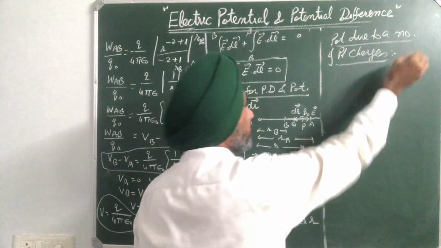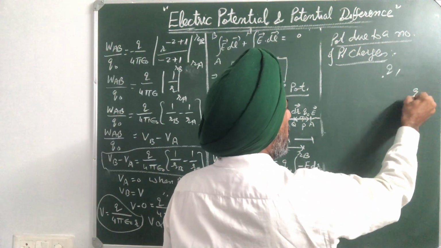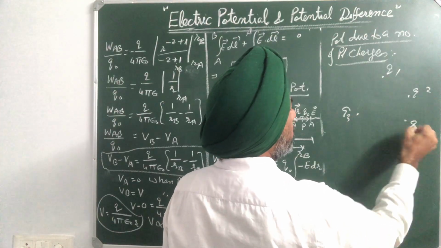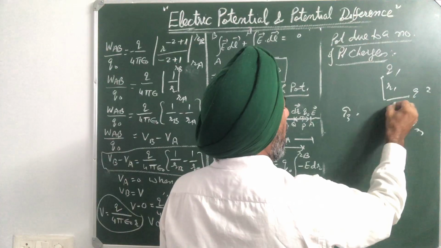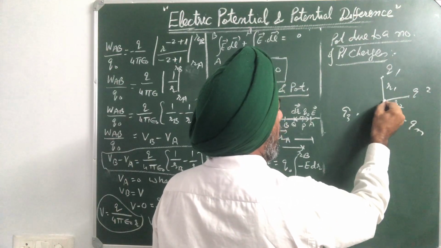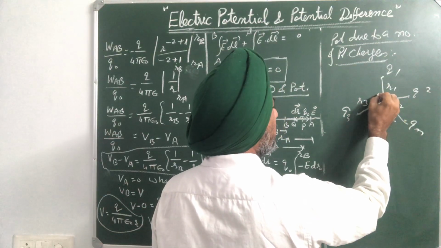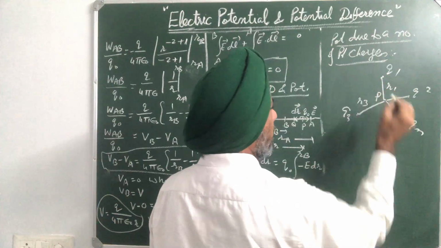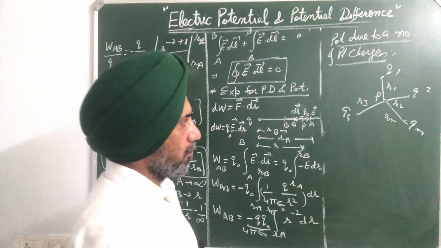Suppose we have n charges Q1, Q2, Q3 and Qn at locations R1, R2, R3 and Rn. This is the observation point where we have to find electric potential due to all these n charges.